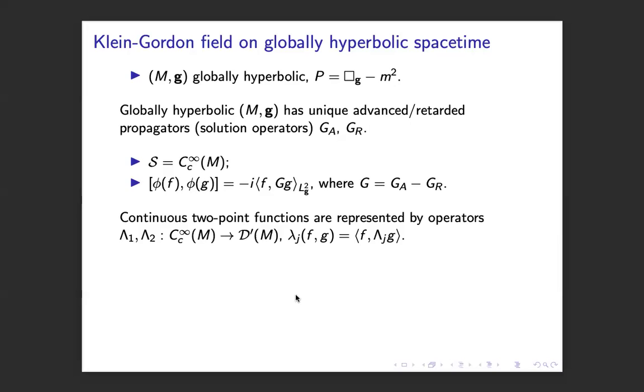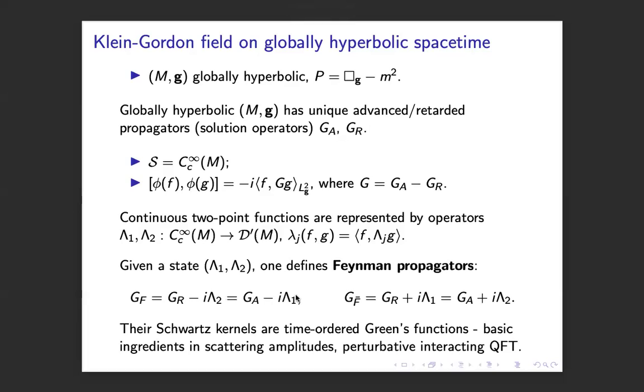And given any particular state which we encode in these 2-point functions, one can define Feynman propagators by this combination of retarded or advanced propagators and the 2-point functions. So just by the commutation relation, this is equal to this and this.